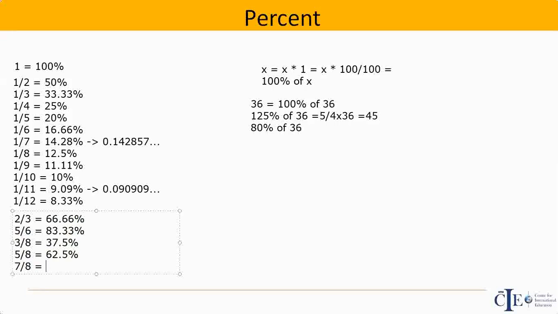So it would be 75 plus 12.5, which is 87.5%. Yes, Nilesh, that's correct. You can also say this is 1 minus 1 by 8, like we did for the sixth one. So 100 minus 12.5, which would be 87.5%.